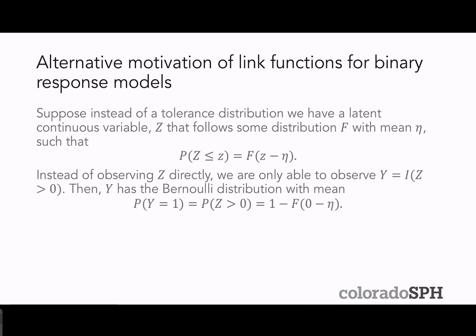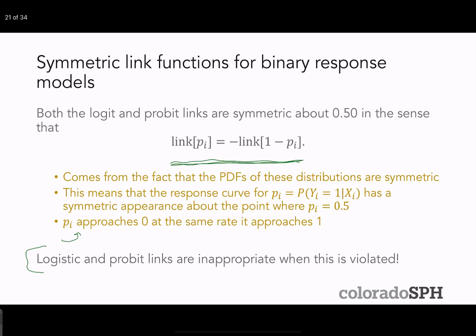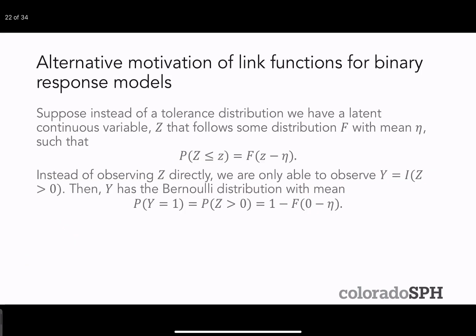So this leads us to an alternative motivation for link functions for binary response models. Let's suppose that instead of a tolerance distribution, we have some latent continuous variable that we'll call z.